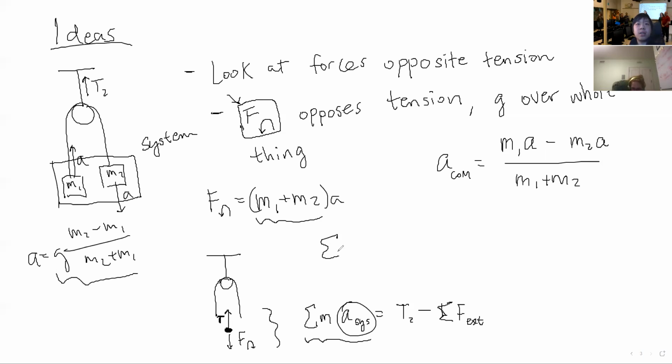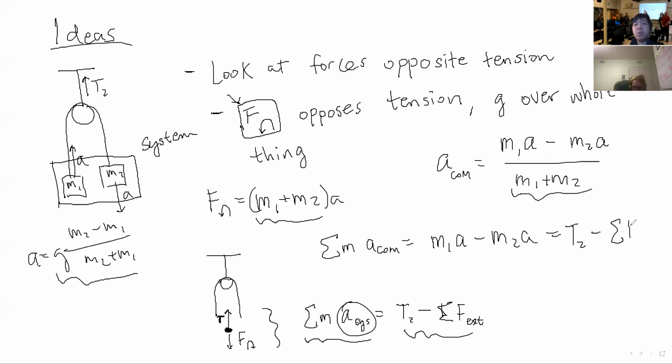And the sum of M times a_com, because the sum of M is just M1 plus M2, is equal to M1A minus M2A. And we said that this is equal to the tension minus the sum of the other forces that are external to the system.